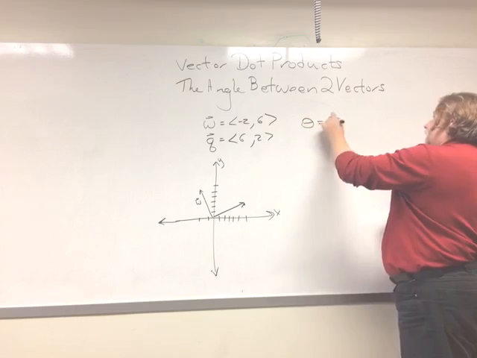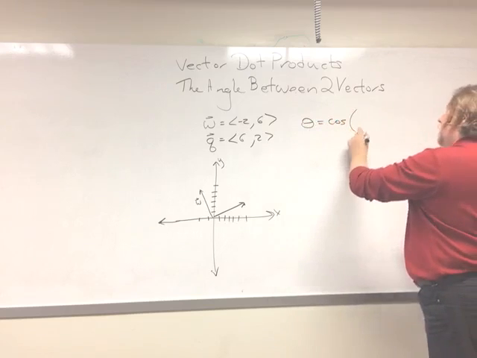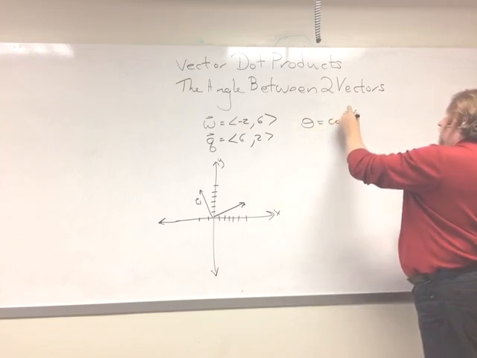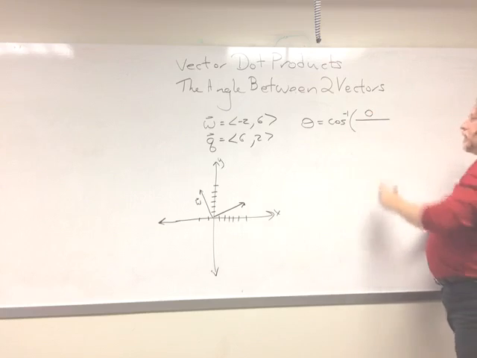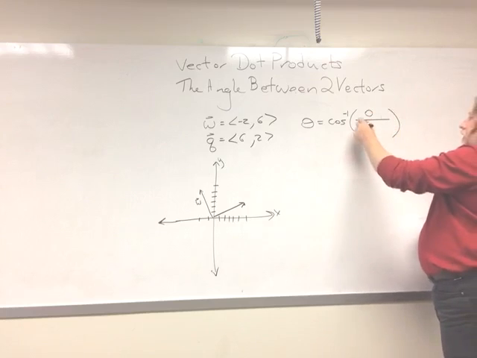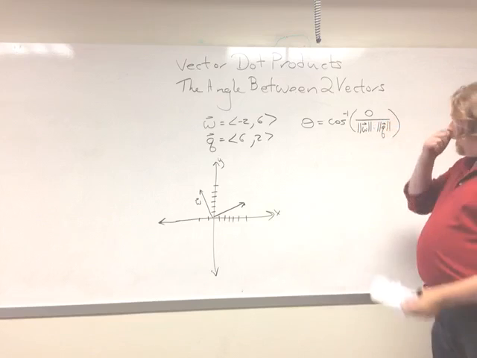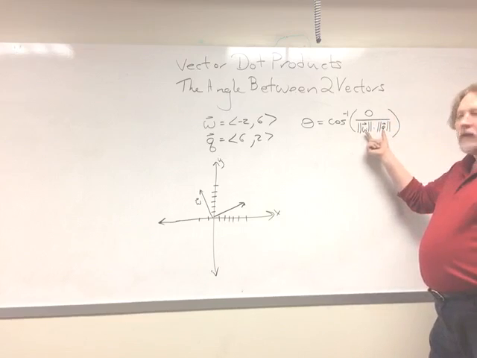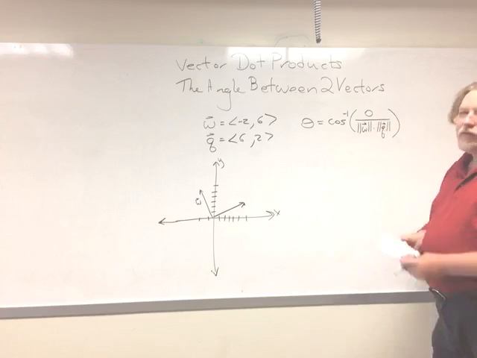The angle is the arc cosine of the dot product, which is 0, over the magnitude of W times the magnitude of Q. Now, in this case, I really don't care what these two are, because I've got 0 divided by whatever this is, and 0 divided by whatever is 0.